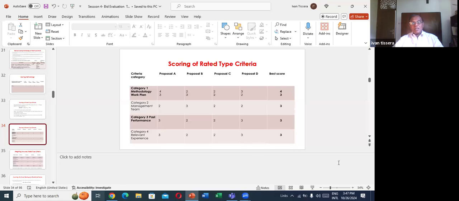These are the marks they have obtained based on their actual information. Best score here is 4, 3. Here the best is 3. Here A and C, D are best. Category D, A and D again are the best score.